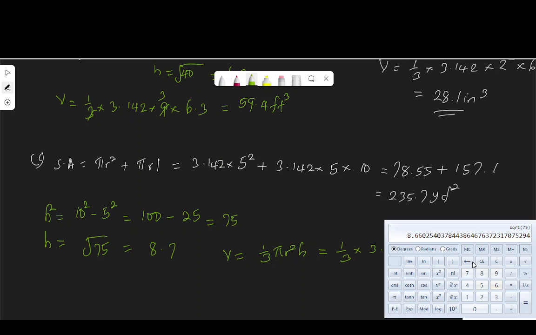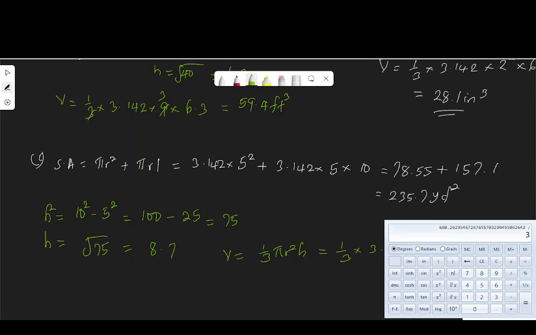8.7 is still here in the calculator. Let me use that long value of it. 5 square is 25, times 25 times 3.142, then divided by 3.